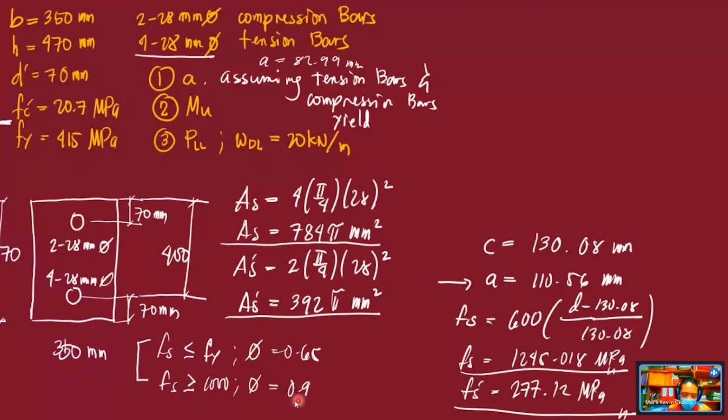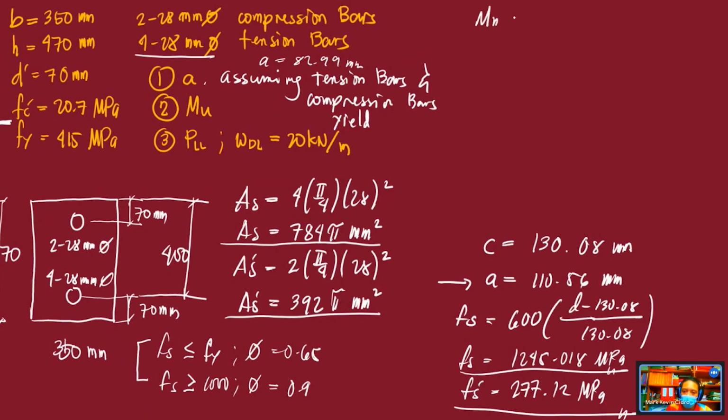And again, somewhere in between, you will interpolate. It's just linear interpolation. So obviously, your Fs is greater than 1,000, di ba? So your phi is 0.9. You have the value of your phi, 0.9. Now the value of your Mn.